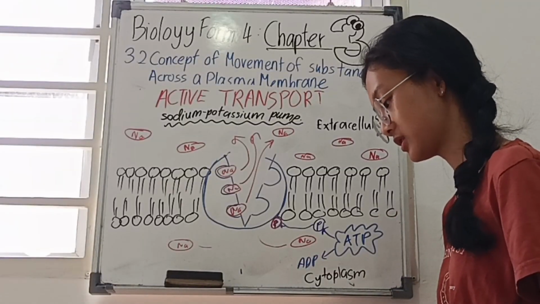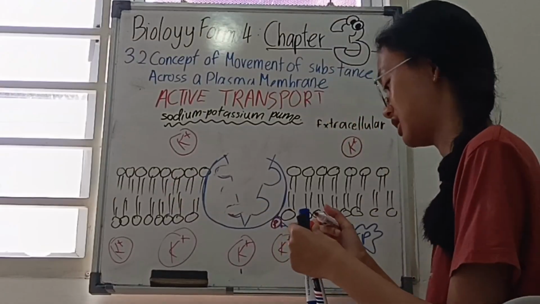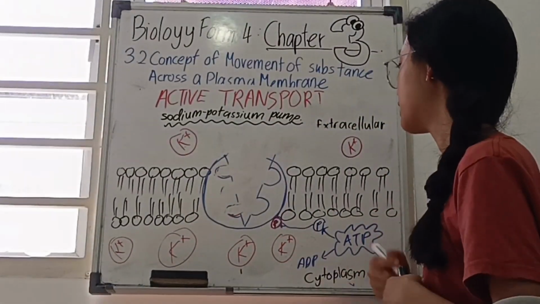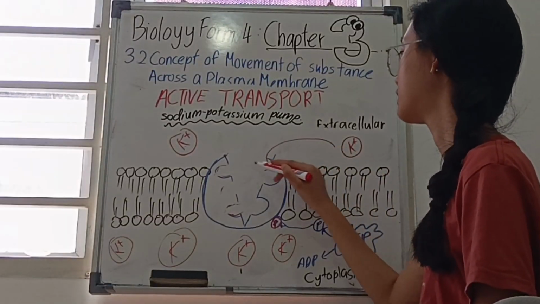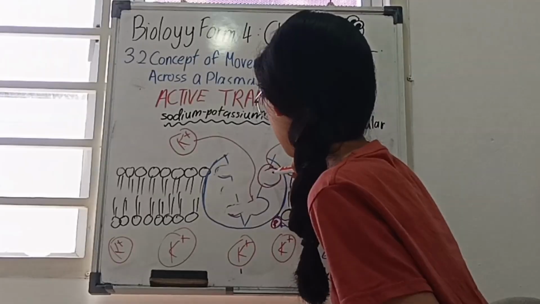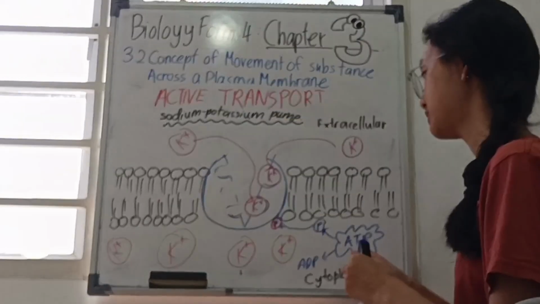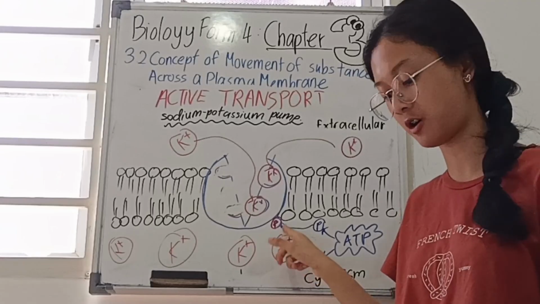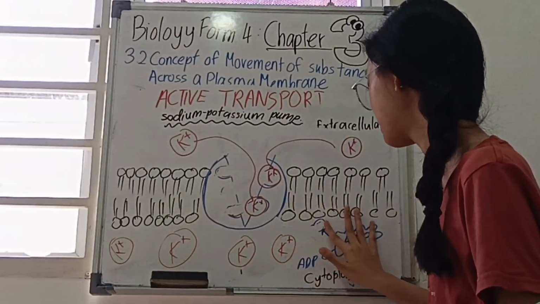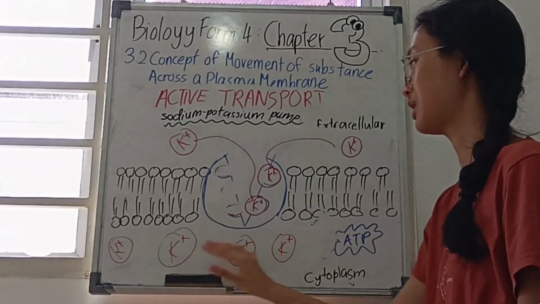Now I'm going to explain about the potassium part. You see there's more potassium outside, so the potassium will go to the carrier protein and stick itself here. And then this P from the ATP will move. It will go back to the ADP and become ATP again.